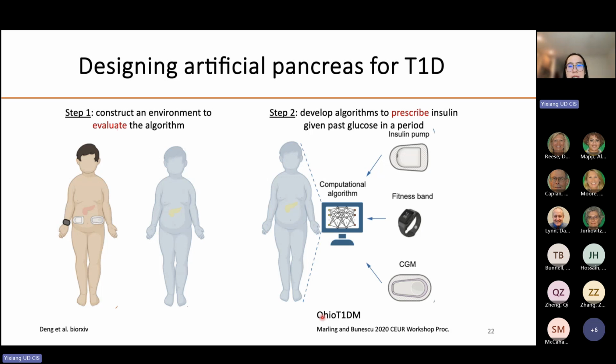The second step is to develop algorithms to prescribe insulin given past glucose over a period, with consideration of the limitations of our current wearable technologies. Specifically, the following work has been done using the data collection called the Ohio T1DM dataset.